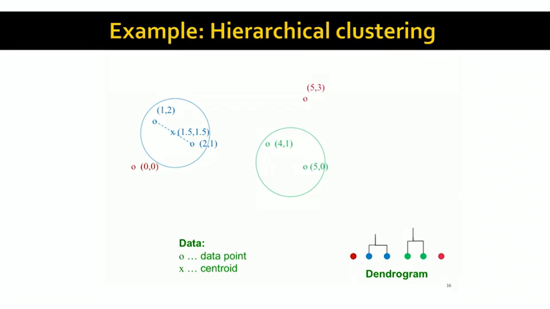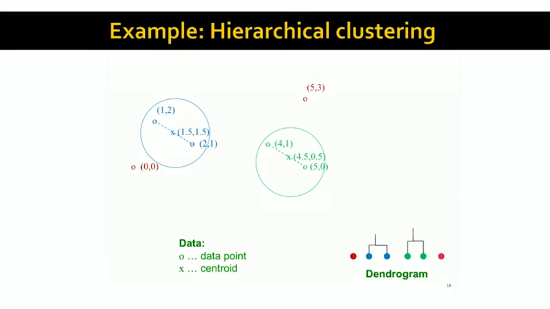And once we've created this cluster, we then represent it by its centroid. Now the centroid of this cluster is the point (4.5, 0.5). The 4.5 is obtained just by averaging the x coordinates of the 2 points, and the 0.5 is obtained by averaging the y coordinates, which are 1 and 0. So now we have 4 clusters.